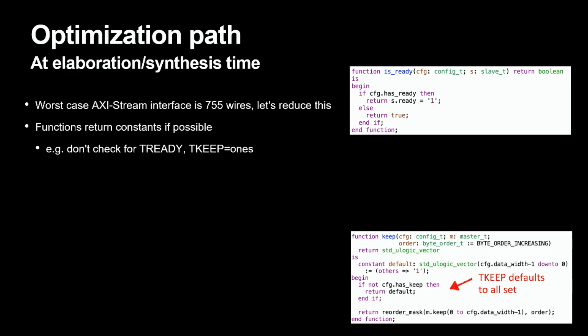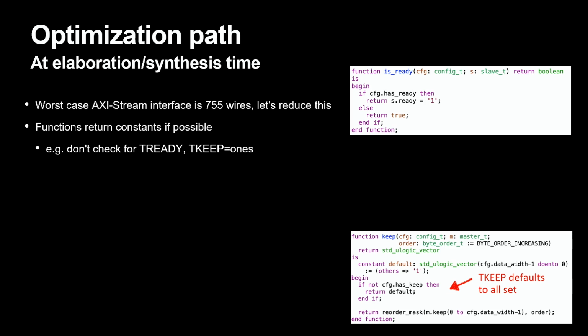The first thing we can do is to take the configuration and say, OK, configuration says, for example, there is no back pressure, like ready should not exist, and you can always send data. There is no back pressure. So just return constant true, ready is always true. The same goes with keep.